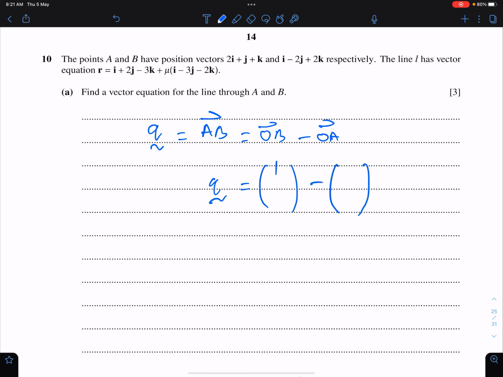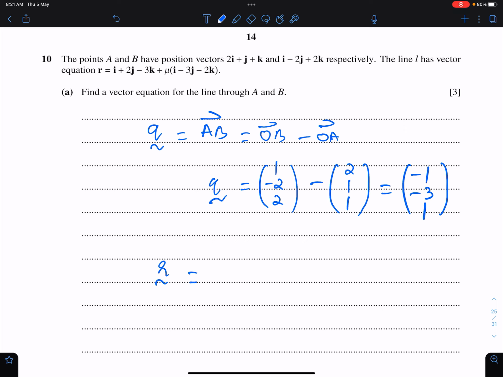OB is 1, minus 2 and 2, whereas OA is 2, 1, 1. So Q is minus 1, minus 3 and 1. We can use any point for the equation, either this or this.